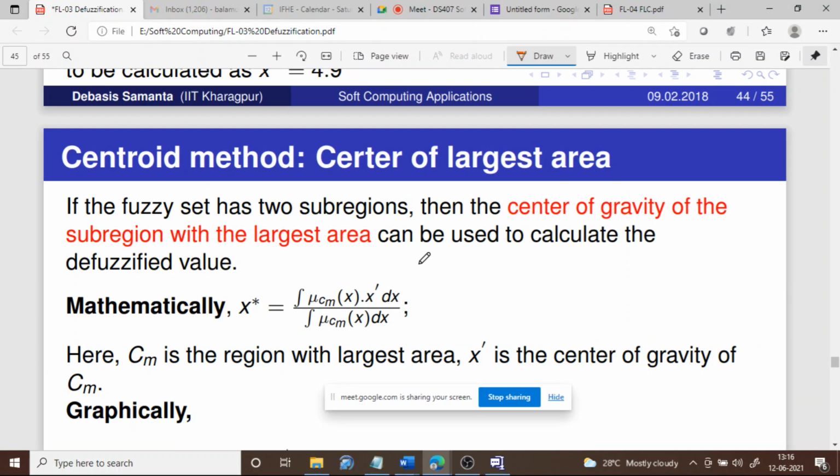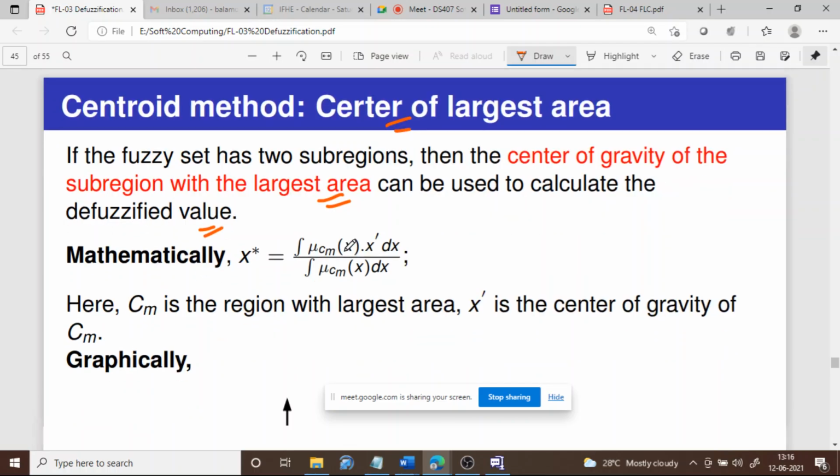Similar to that, we have another technique which is called the center of largest area. If the fuzzy set has two subregions, then the center of gravity of the subregion with the largest area can be used to calculate the defuzzified value, right?